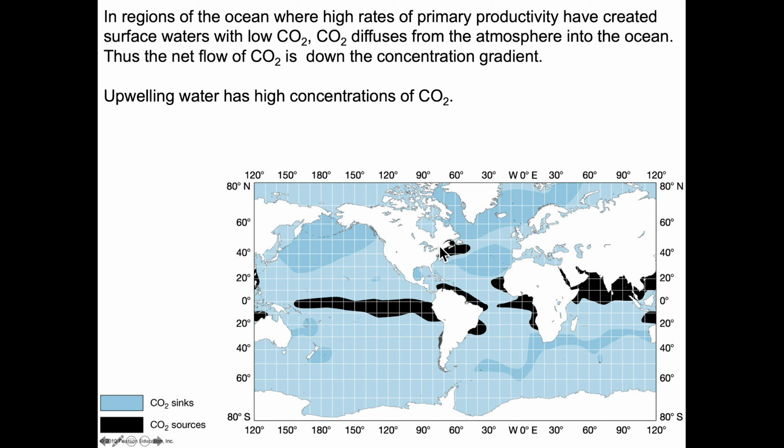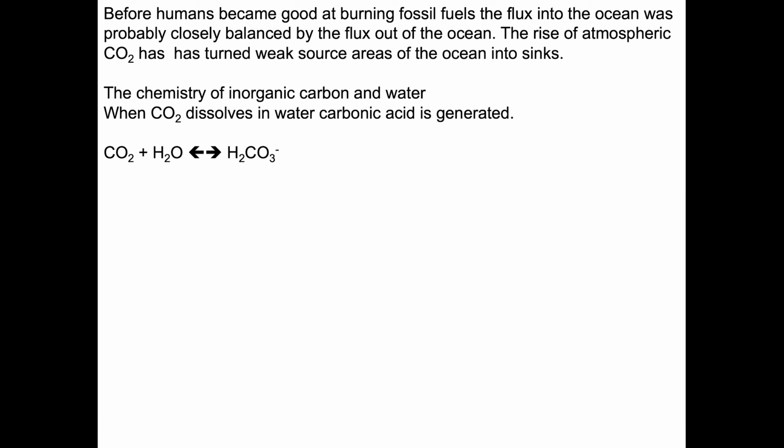This is a net outflow of CO2 from the ocean, whereas the blue here is a net sink. So CO2 is being absorbed here, given off here, given off here, absorbed here. Before humans became good at burning fossil fuels, the flux into the ocean was probably closely balanced by the flux out of it.